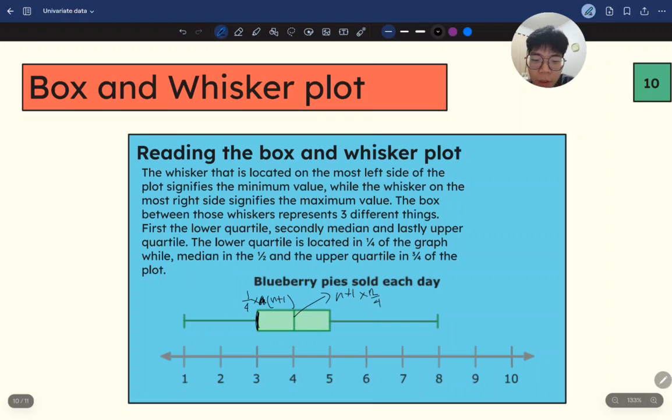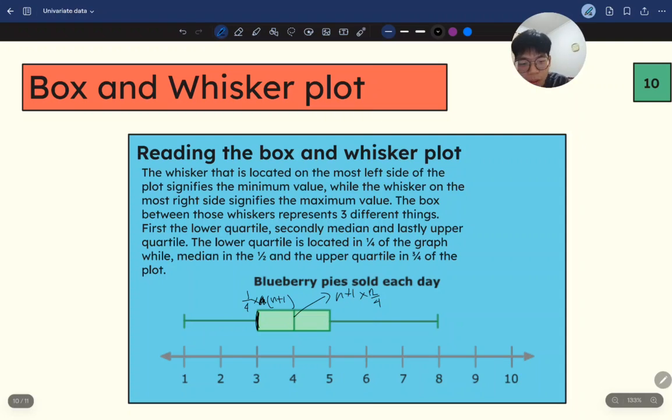The lower quartile is the middle of the middle. Do you get what I'm saying? Because it's the middle of the middle, we should do half times half, which is 1/4. And the upper quartile is above them, the half of the above. So we should do 3/4, because it's 0.75 basically.